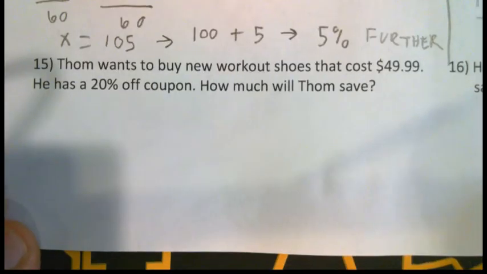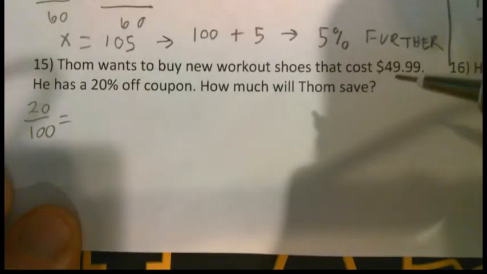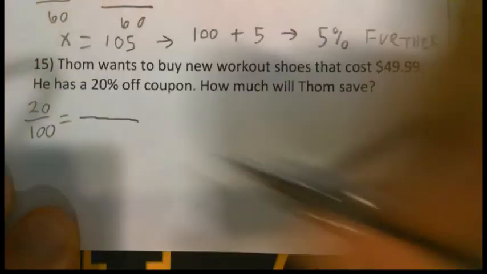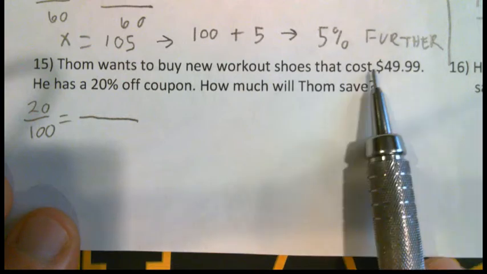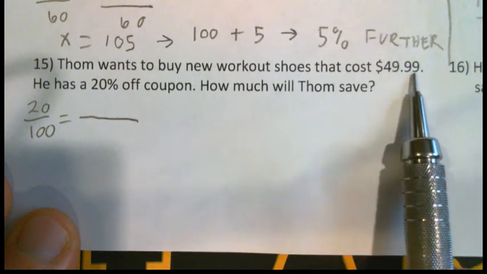Tom wants to buy new workout shoes that cost $49.99. He has a 20% off coupon. How much will Tom save? Alright, percent over 100. That equals new over original. The original cost of the shoes is $49.99.